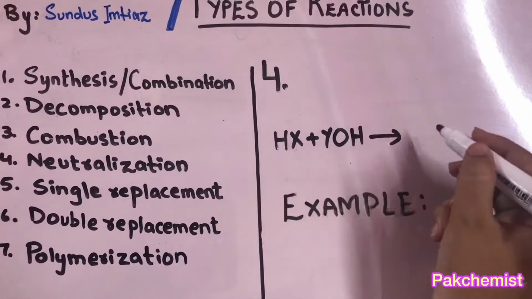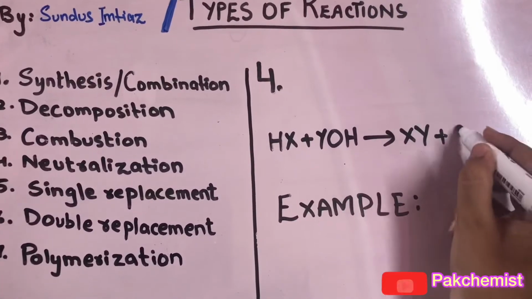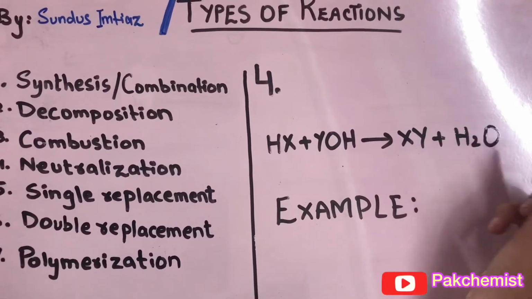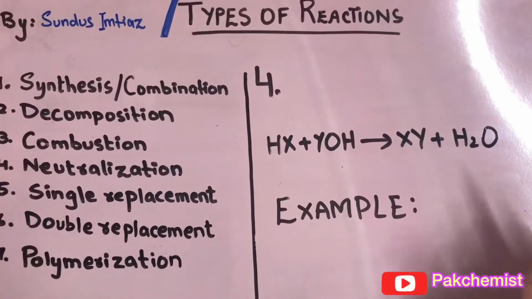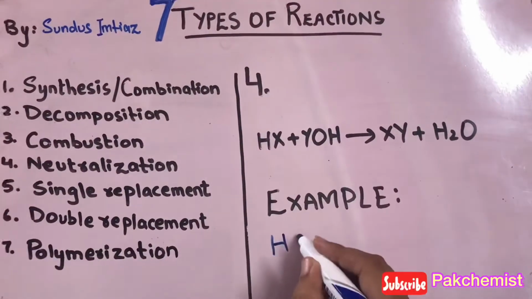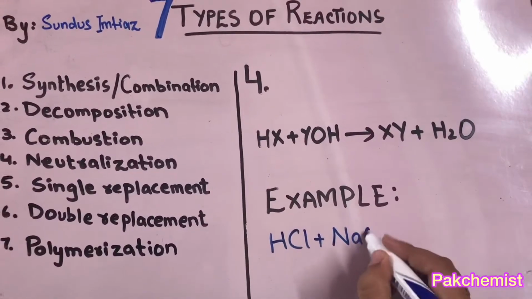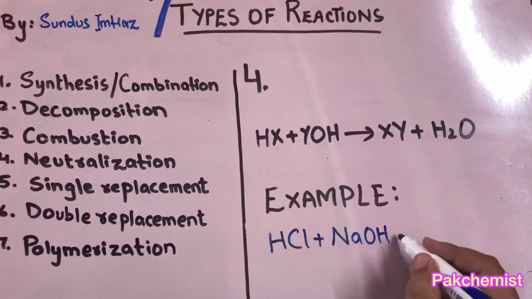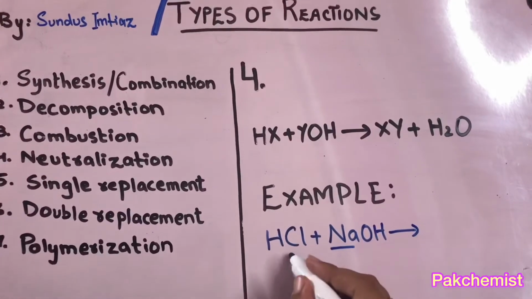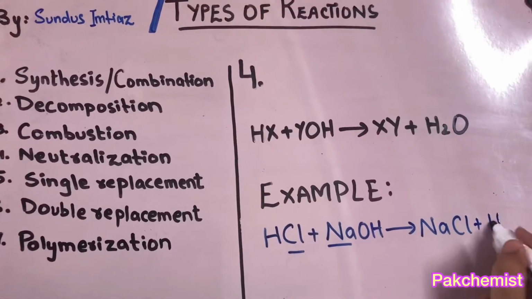And after the reaction, it will form XY as a salt and H2O as a water molecule as byproducts. Okay, the example for this reaction is we take a strong acid, HCl, plus a strong base, NaOH. Now when they react with each other, they will form NaCl as a salt plus a water molecule.